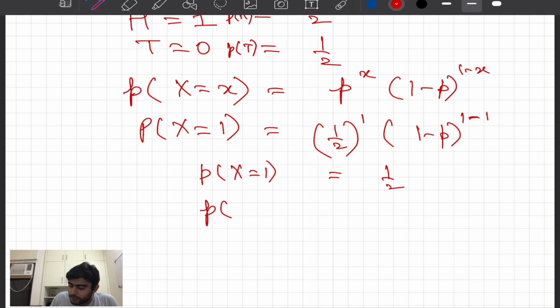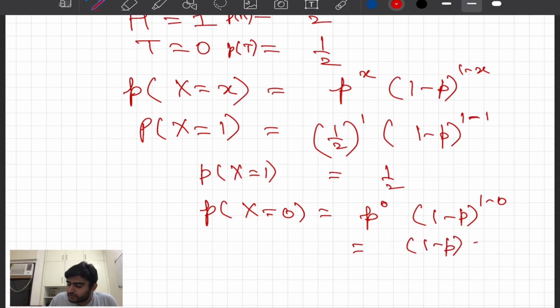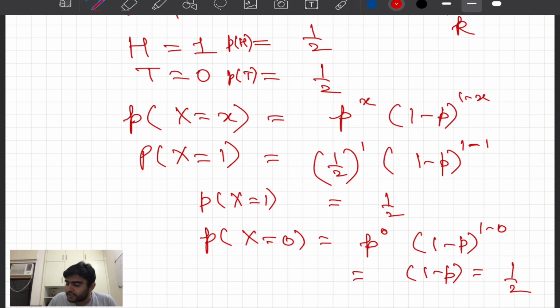So you get the probability of x equal to 1. Similarly, for x equal to 0, you write p^0 (1 minus p)^(1 minus 0). Now the first term is rendered ineffective, so this is 1 minus p, the probability of not getting a head, and this again is simply 1 by 2.